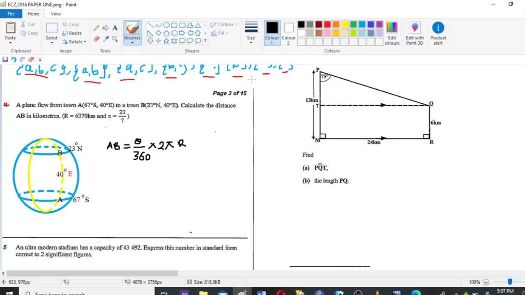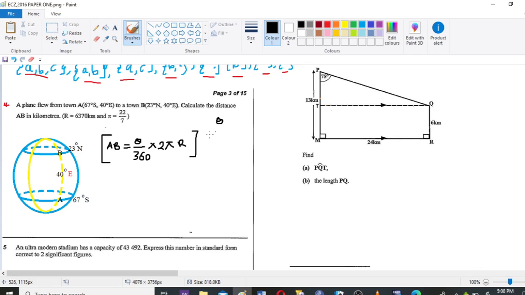The formula for calculating the distance along the longitude is this one: AB is equal to theta divided by 360 multiplied by 2 pi r. Now what will be our theta? How do we calculate theta? Our theta is the difference in latitudes.